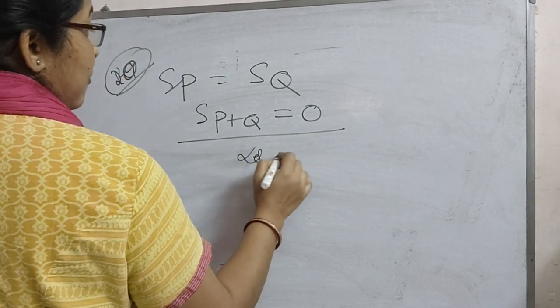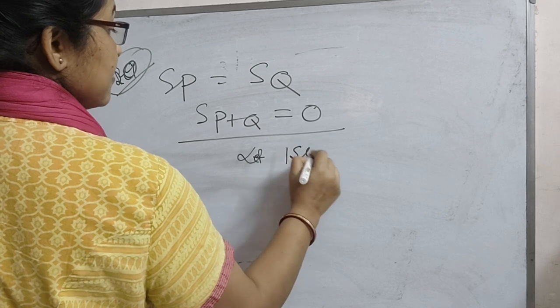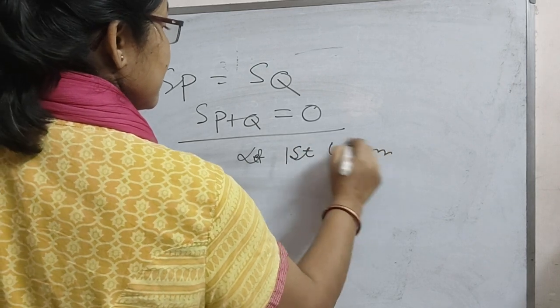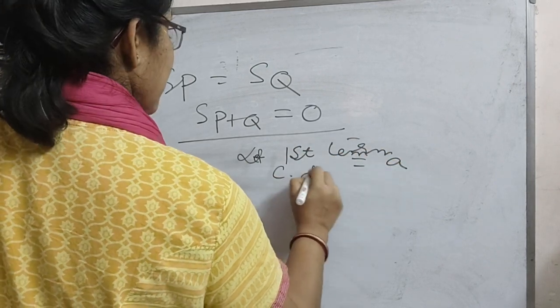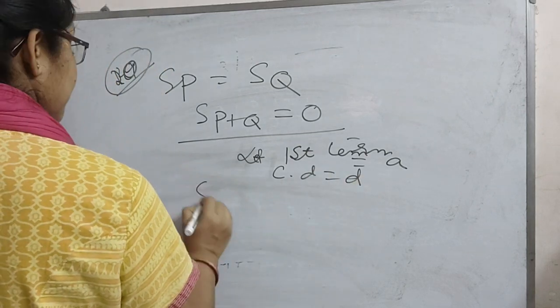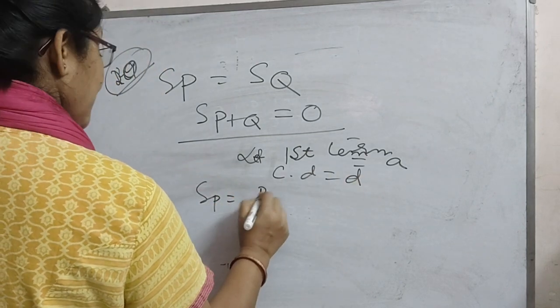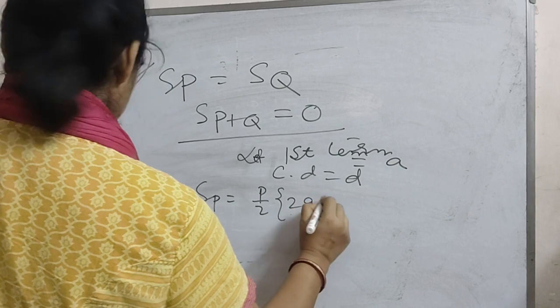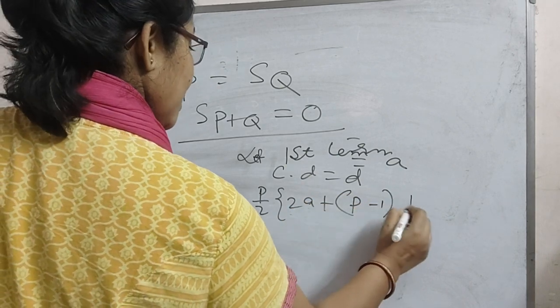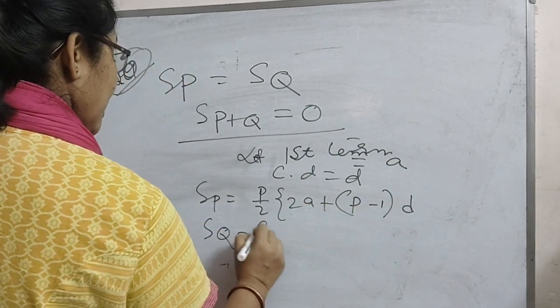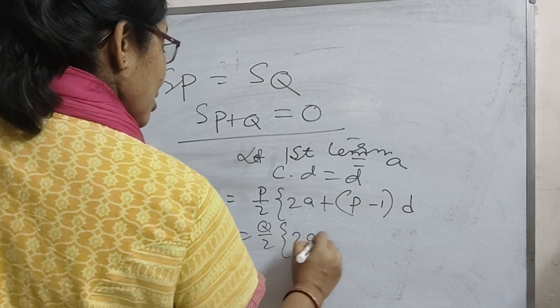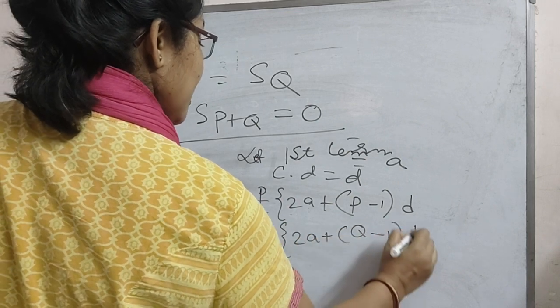Let first term equal to a and common difference equal to d. So Sp equal to p by 2, 2a plus p minus 1 into d, and Sq equal to q by 2, 2a plus q minus 1 into d.